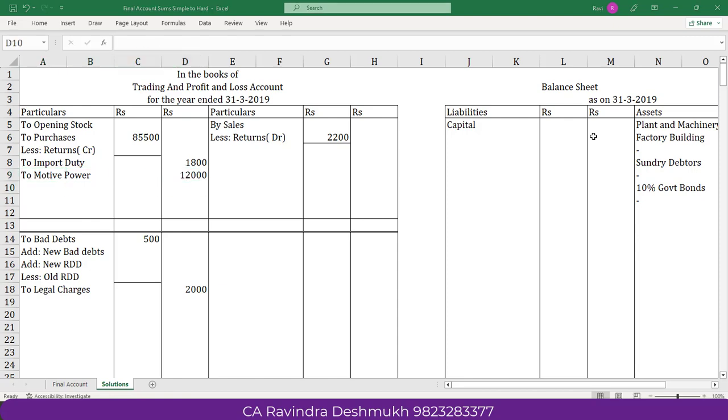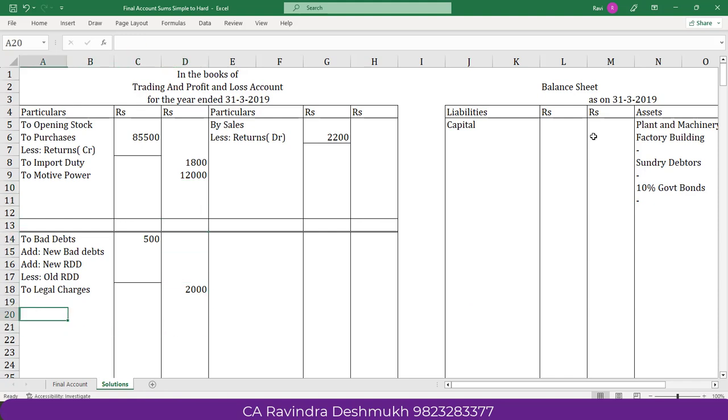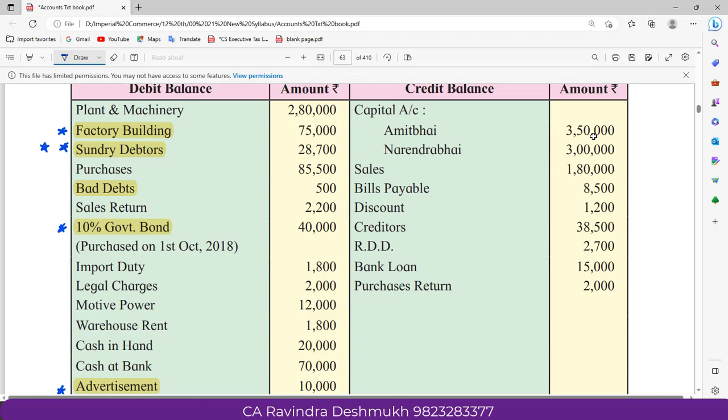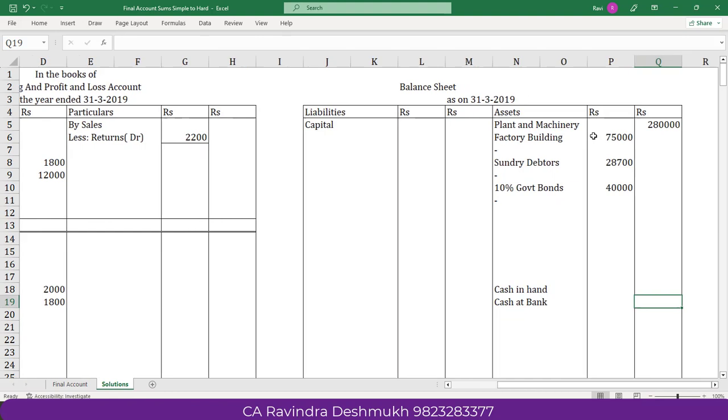Next one, warehouse rent 1,800, P&L's debit side. Cash in hand and cash at bank are assets. Cash in hand and cash at bank on the asset side, 20,000 and 70,000 respectively.